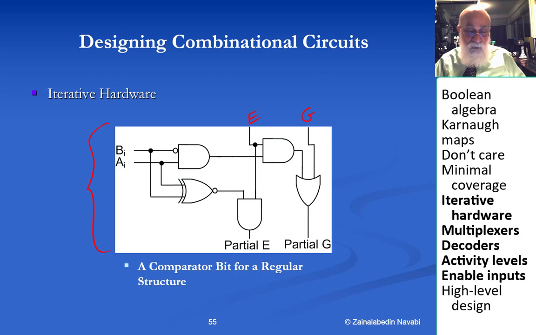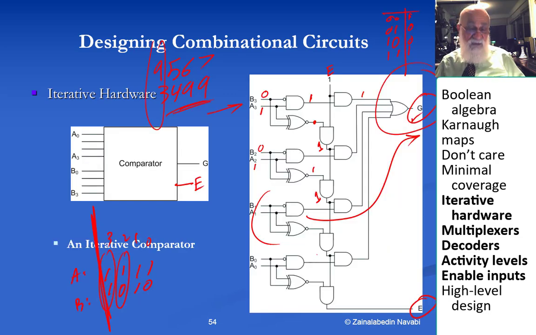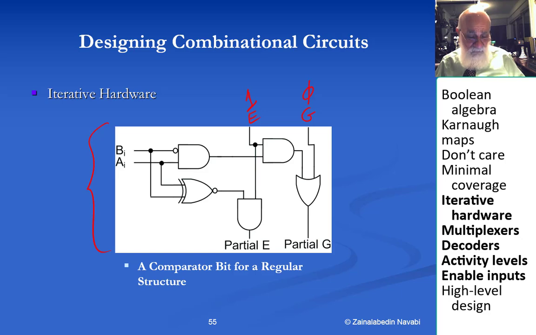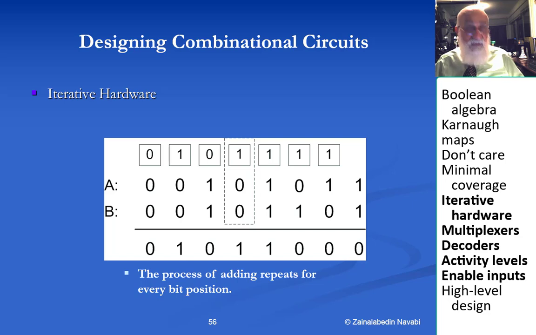A 16-bit comparator will have 16 of these cascaded together, and then the first E becomes 1, the first G becomes 0, and then you will get the final G and final E from the lower end of this circuit. Okay? This is the concept of an iterative circuit, and another iterative circuit is an adder.